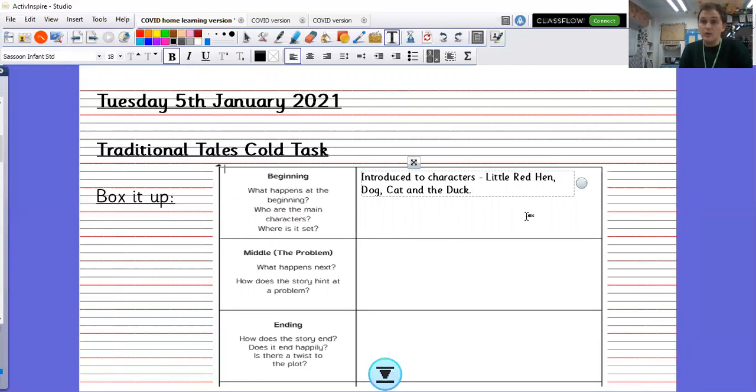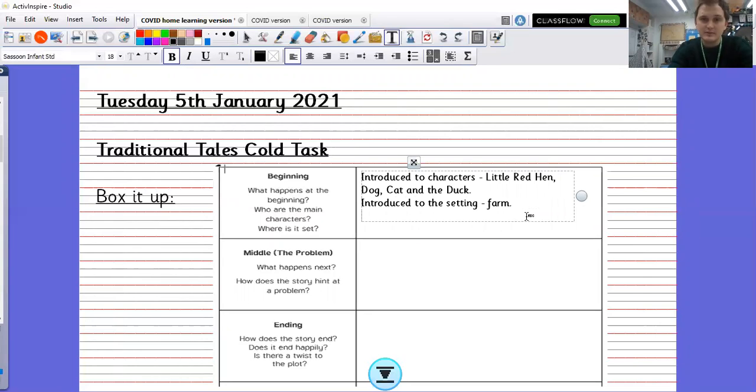The Little Red Hen was trying to get help with some of the jobs that she had to do. She had to pick the grain, plant it, that kind of thing. But the other animals were not helping her. So we're introduced to characters, and we're introduced to the setting. Setting is where it takes place. It takes place on the farm, doesn't it?